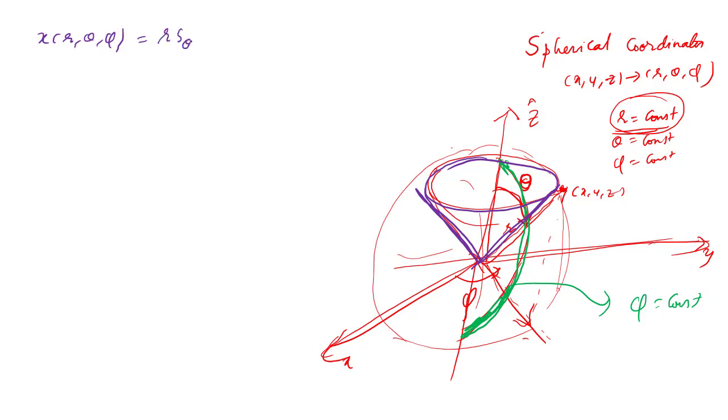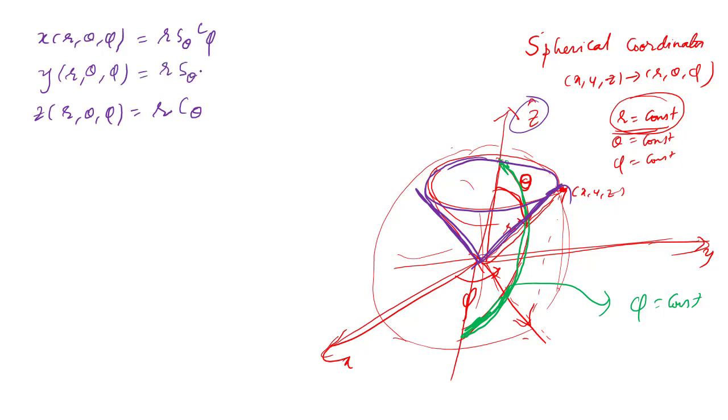So we would have r sine theta cosine phi, because this r, you project it along the z-axis first. You get r cosine theta along z, and then r sine theta along x and y. So y would be r sine theta sine phi.